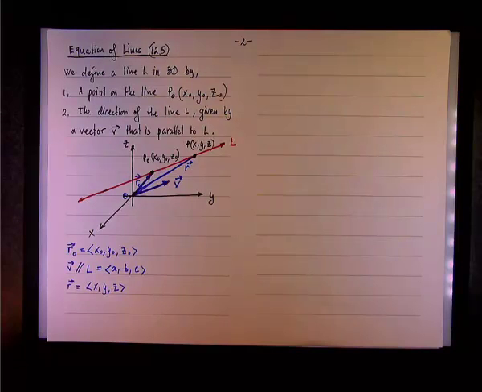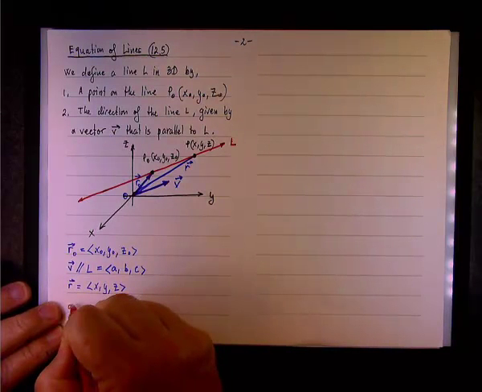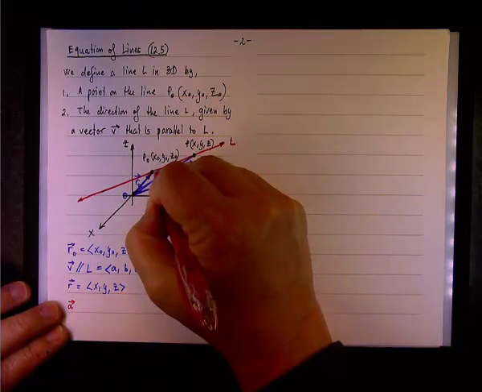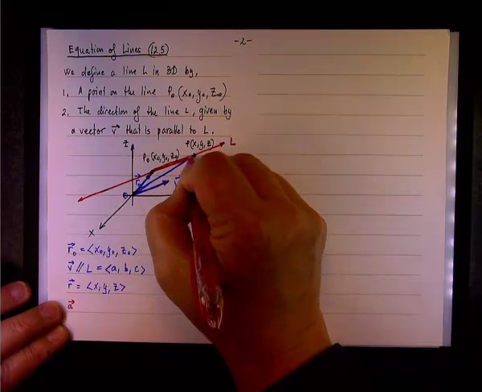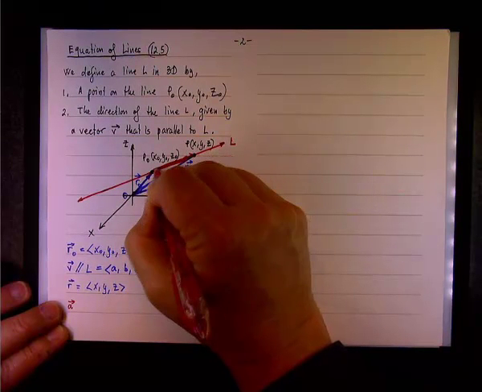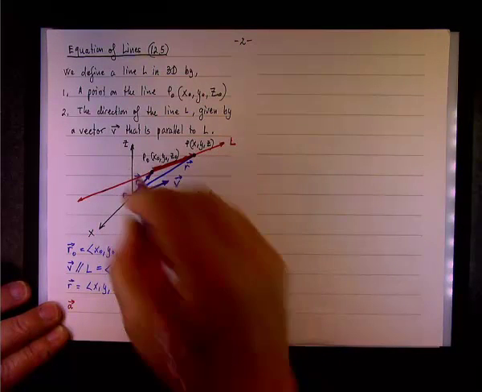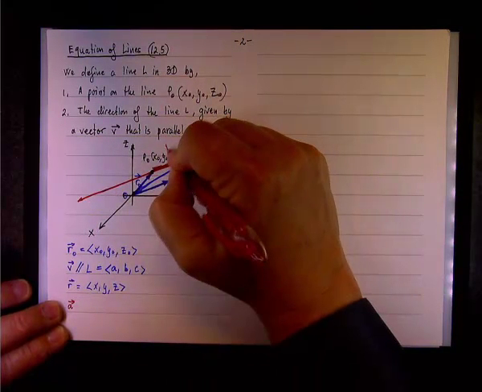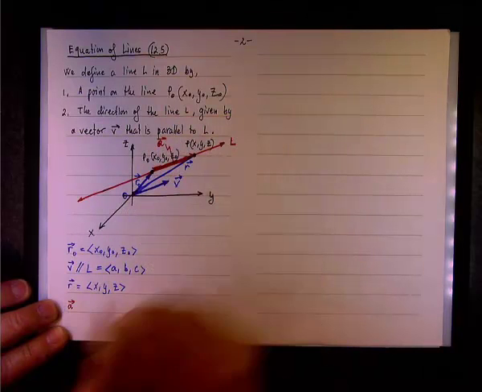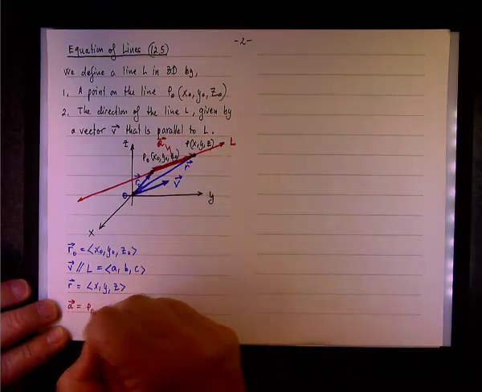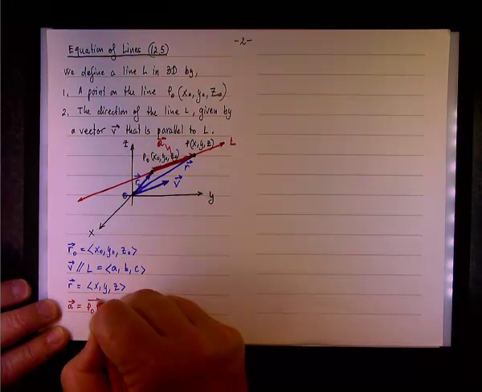And now I'd like you to look at the vector that represents the line segment P sub 0 to P. We're going to call this vector a, and it's this piece right there in between the 2 points. I'll draw it like so.